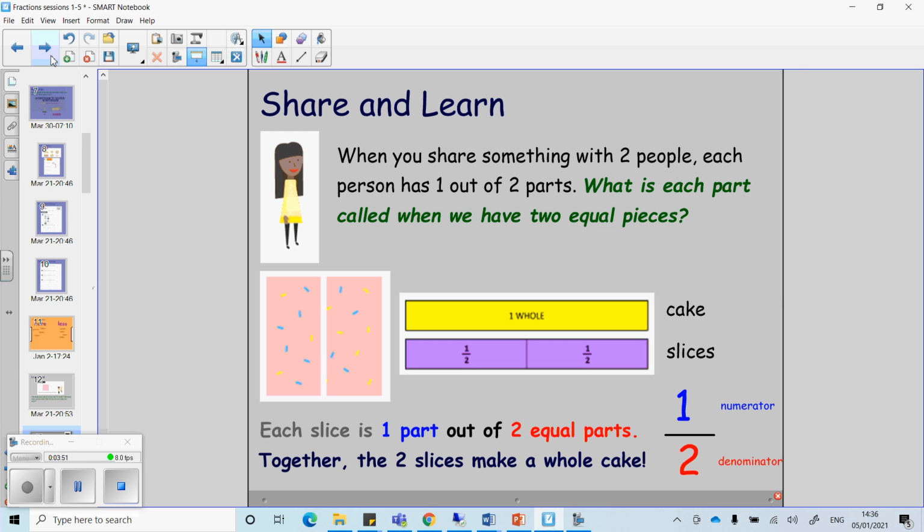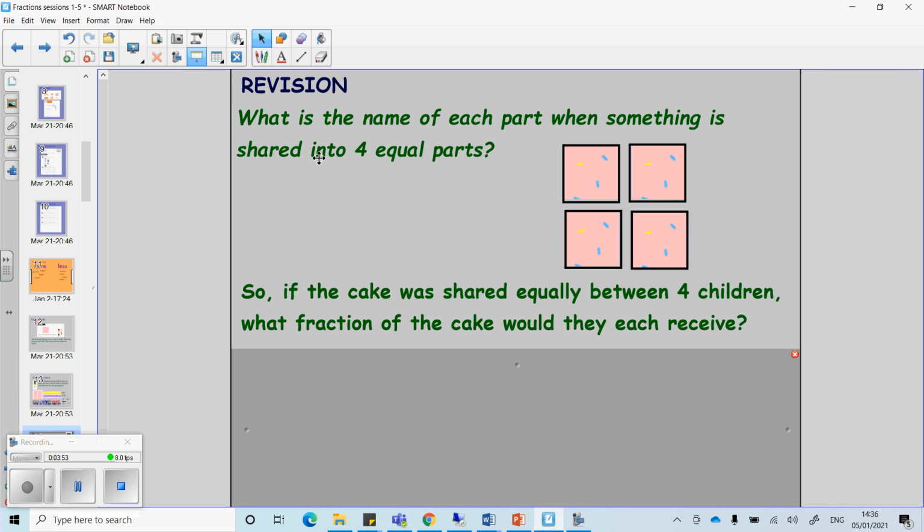Okay, let's move on. If we know that 1 part out of 2 parts, 2 equal parts, is called 1/2, then what is the name of each part when something is shared into 4 equal parts? This is a bit like what we were doing yesterday when we shared into 4 equal parts.